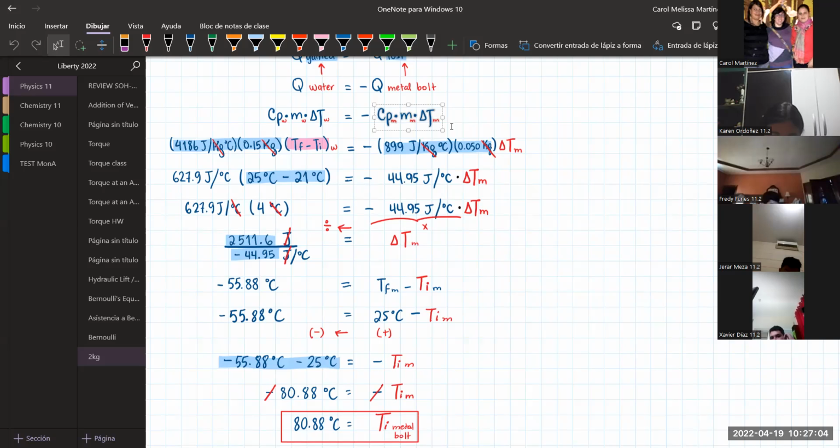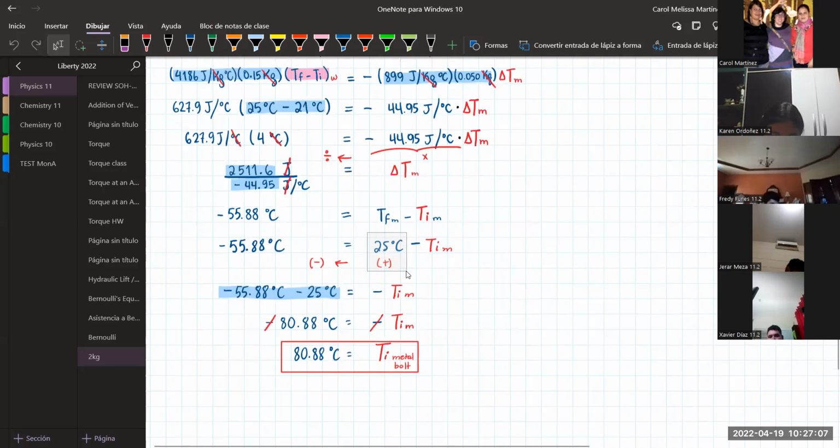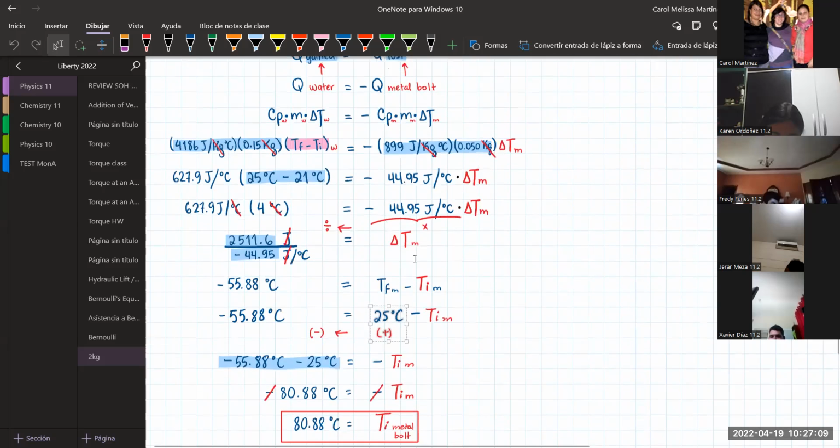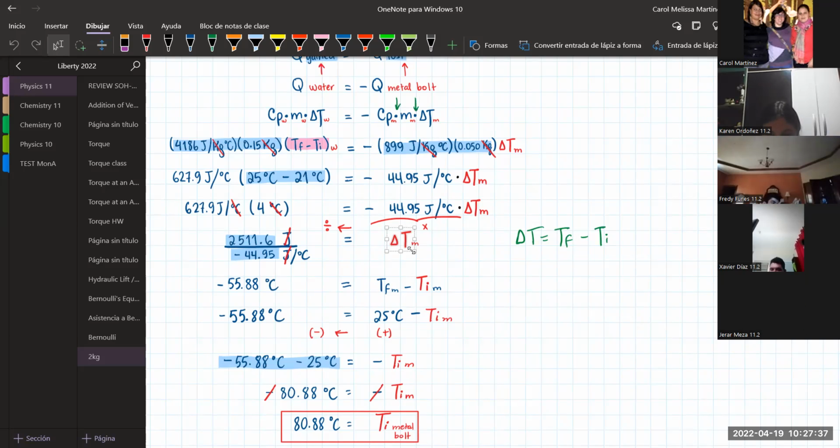Only in this part you have a subtraction, because of the definition of delta T. What is delta T? Delta T is final minus initial. But that's the only addition or subtraction that you have in the entire problem. The main formula has just multiplications. These are multiplication symbols. So you need to be careful with that.